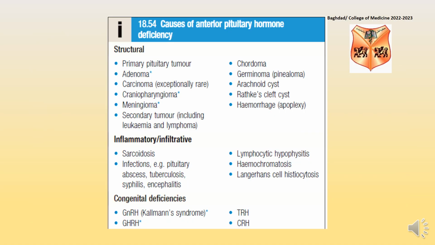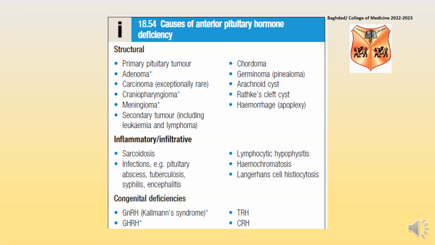Structural causes include primary pituitary tumor, adenoma, carcinoma, craniopharyngioma, meningioma, secondary tumor, chordoma, germinoma, arachnoid cyst, Rathke's cyst, and hemorrhage within the pituitary gland, which is called apoplexy and may cause an acute presentation.